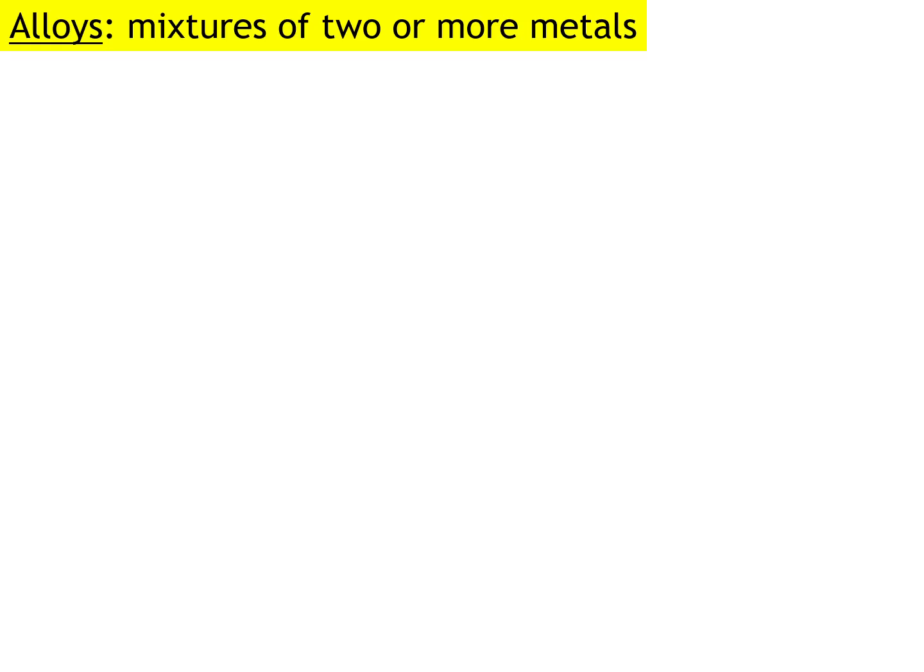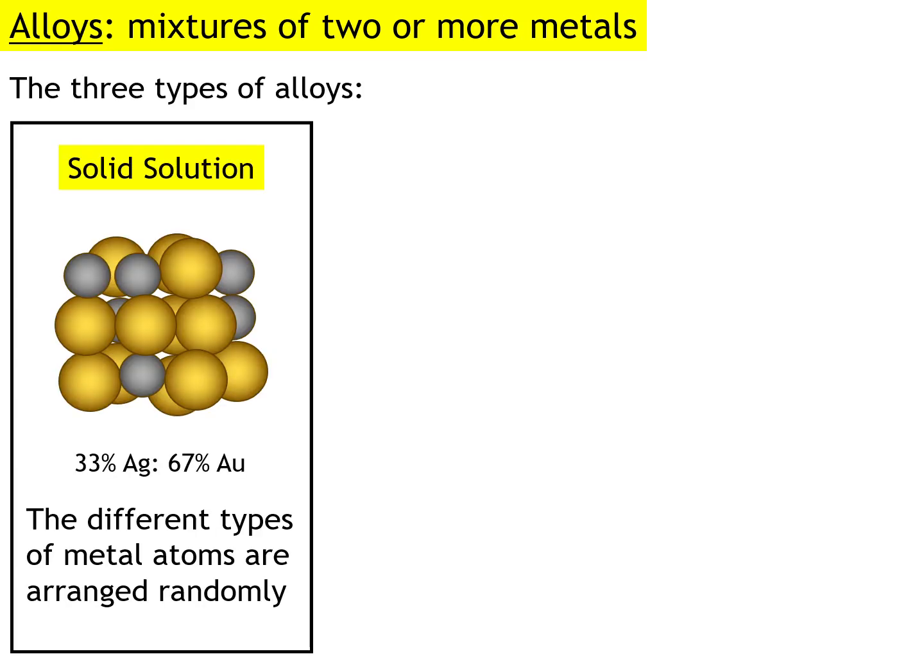So alloys are mixtures of two or more metals. There are three types of alloys. The first one, I think most places call it a combination alloy or a substitution alloy. I did my research when I was in graduate school on alloy nanoparticles, and we always called them solid solutions.